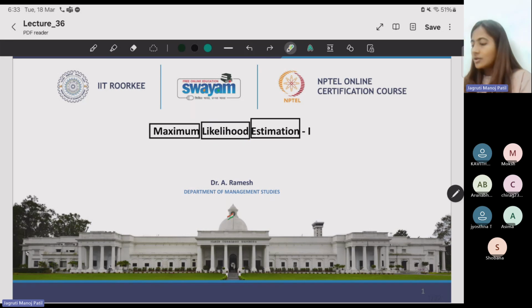After the likelihood function, what you do is maximize the likelihood function. And from both of them, you estimate a value for that particular function for a sample value that you're looking at. So this is how the trend goes. You first see a likelihood, you make a likelihood function, you maximize that likelihood function, and then you estimate the value of that maximum likelihood for a particular sample value that you're looking at. So that is how it gives you an estimate. So this is how it's a maximum likelihood estimator.